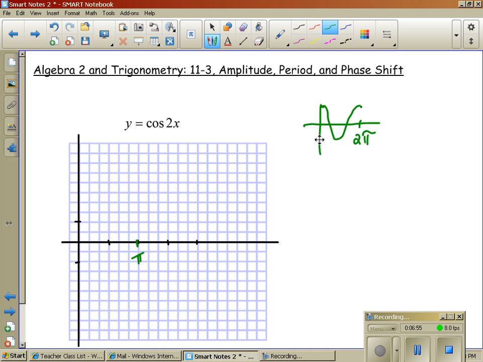What does it do halfway in between? But just make it end at pi now instead of 2 pi. So the cosine curve starts at 1 and it ends at 1, and halfway in between it goes down to -1, right? Halfway between those 2 points it hits 0 and 0 here.